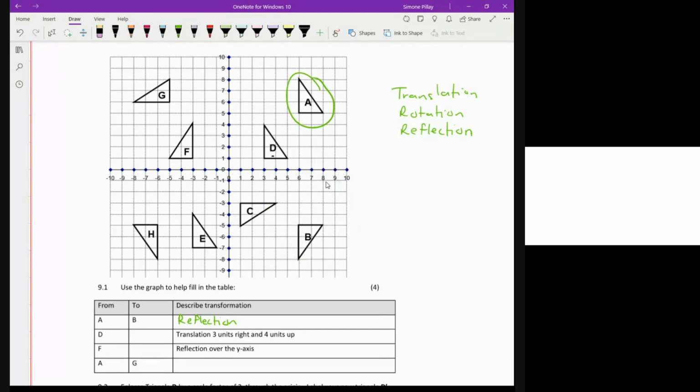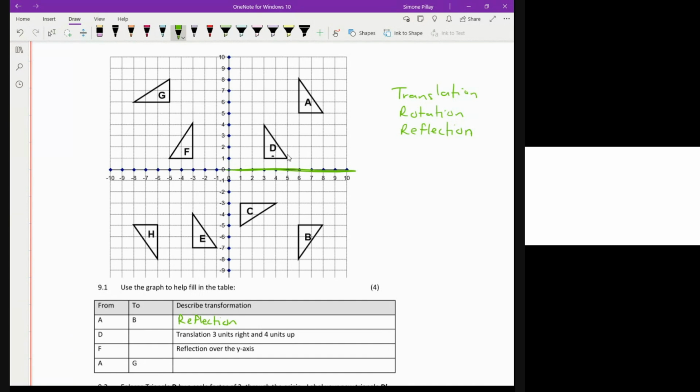Think about if I were to fold this piece of paper exactly on my axis. What would happen is those two triangles would come and be exactly on top of each other. And that is basically what happens when we have a reflection. So the transformation from A to B is specifically a reflection.